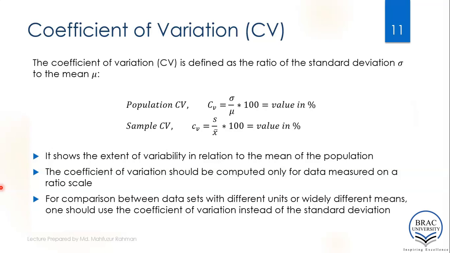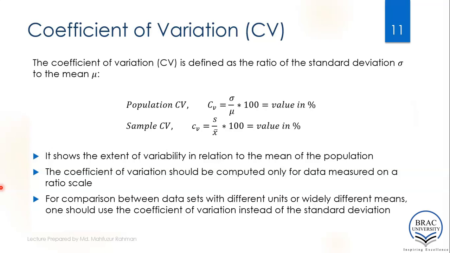In some situations, we cannot use the variance or the standard deviation directly because the variables might have different units and different means. For comparison, we need a measure of relative variation that does not depend on either the units or the values of the means.